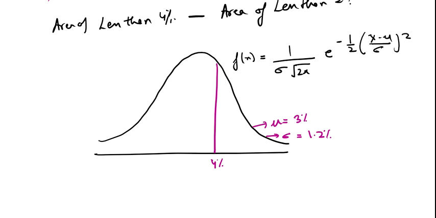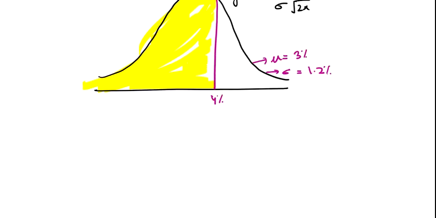So I need to take all the values towards the left of 4%. And how do we find out the area? We find out the area with the help of integration, where the lower value is minus infinity and the upper value is 4.